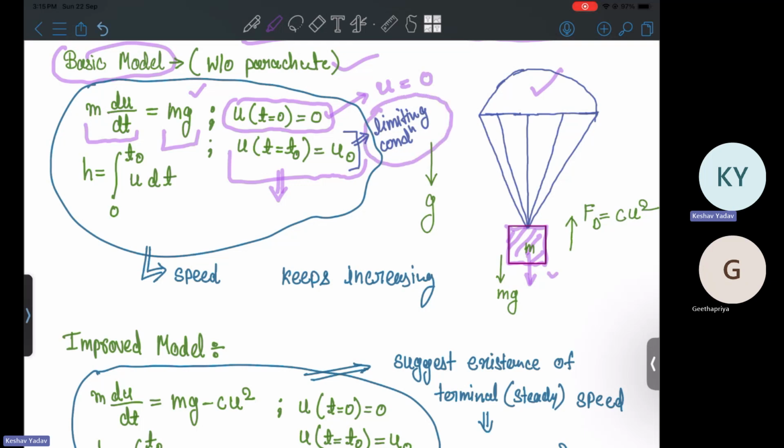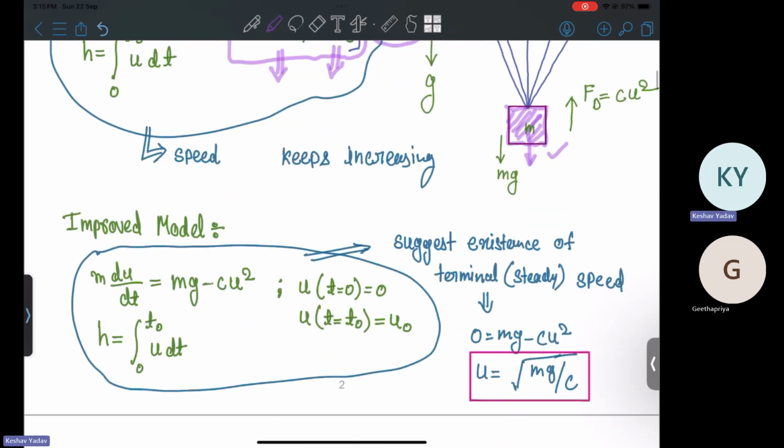If the velocity is very high, whatever payload we are delivering may be destroyed due to the high velocity of impact. So we want to restrict the velocity up to some level that can come from another set of analysis. We want to restrict our velocity at u naught when it hits the ground.